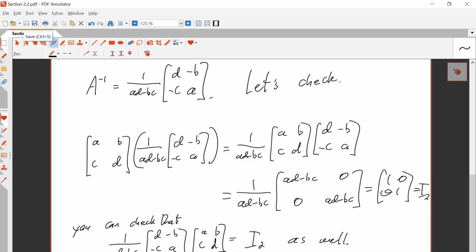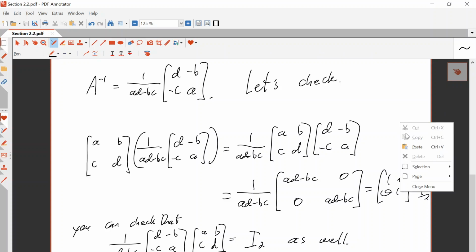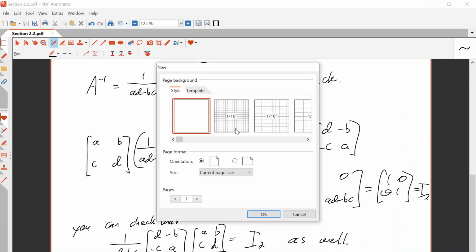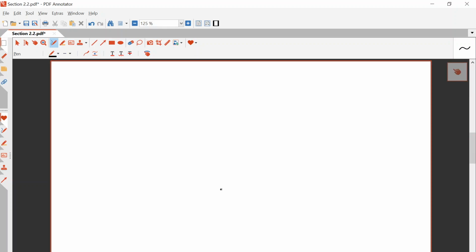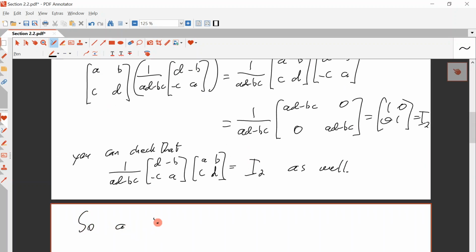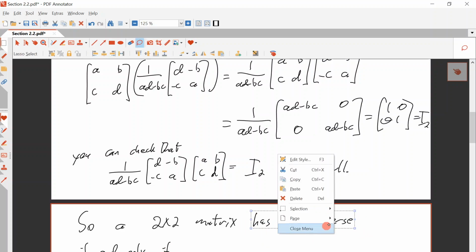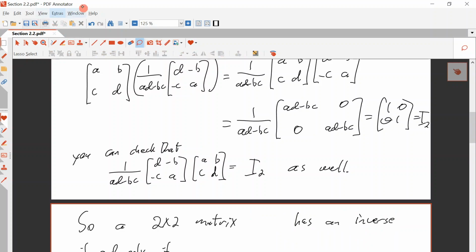Okay, so the 2 by 2 matrix A, B, C, D has an inverse if and only if AD minus BC is not equal to 0.